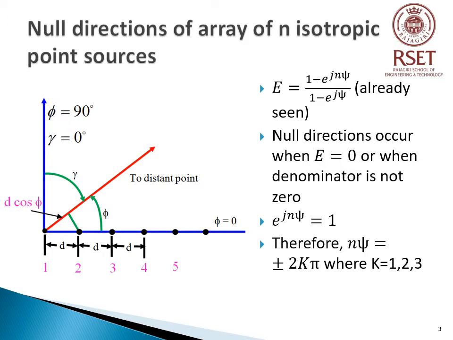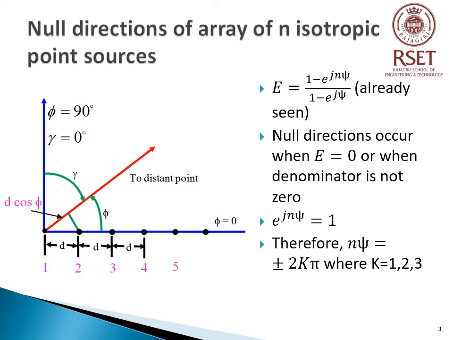For the y-axis, phi equal to 90 degrees or gamma equal to 0 degrees. And we have written the expression for electric field E equal to 1 minus e raised to j n psi by 1 minus e raised to j psi, which we have already seen. That is, we have written it as a sum of n terms in geometric progression. Please go through those notes and then you will understand this discussion more.